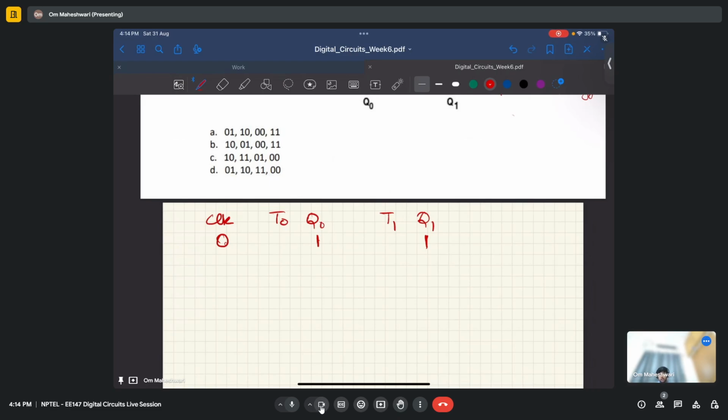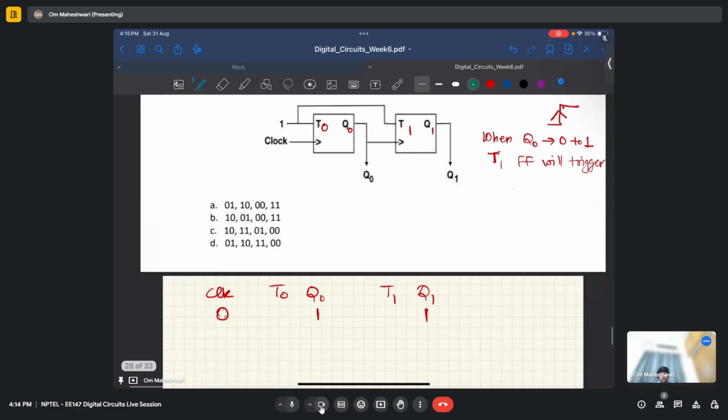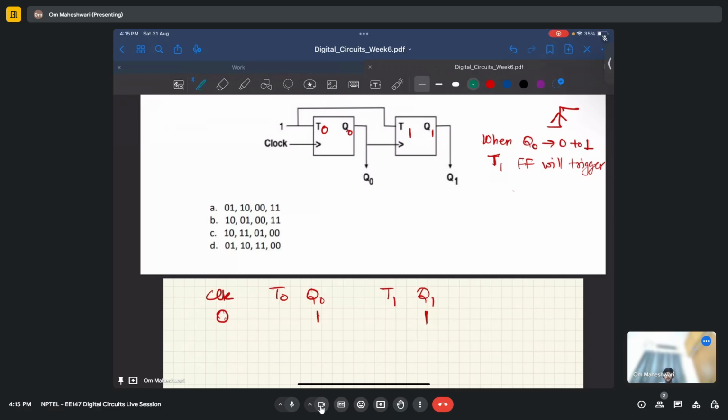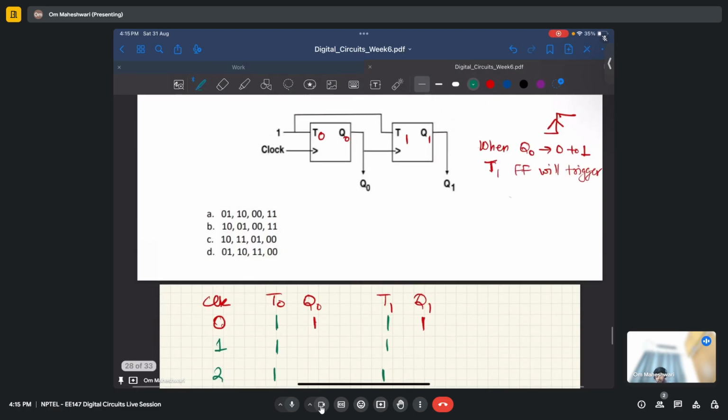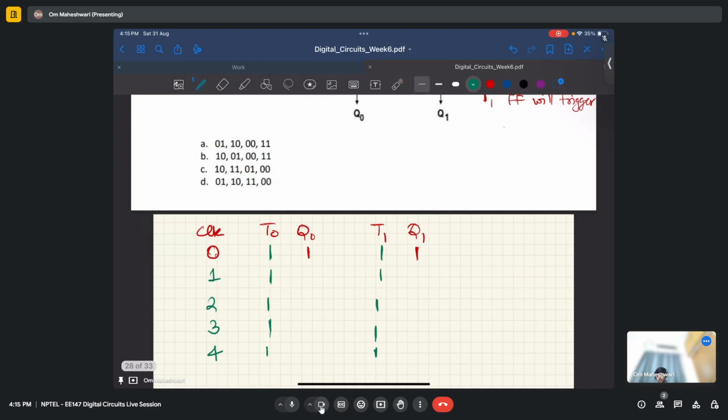Next we have to write what the next state is. Both T0 and T1 are always 1 because of the connection here. This is 1, so that means there will always be a toggle.